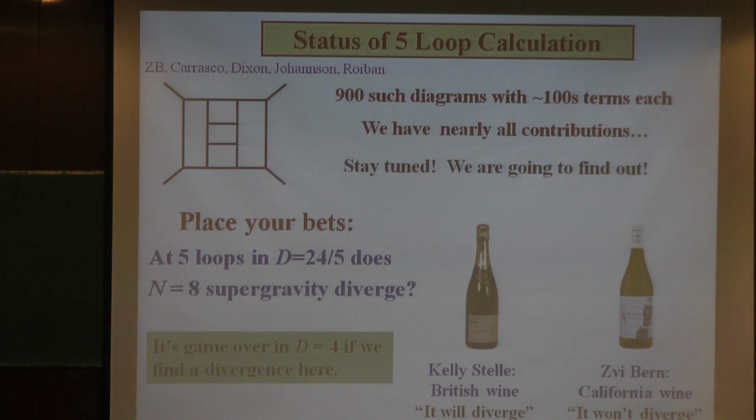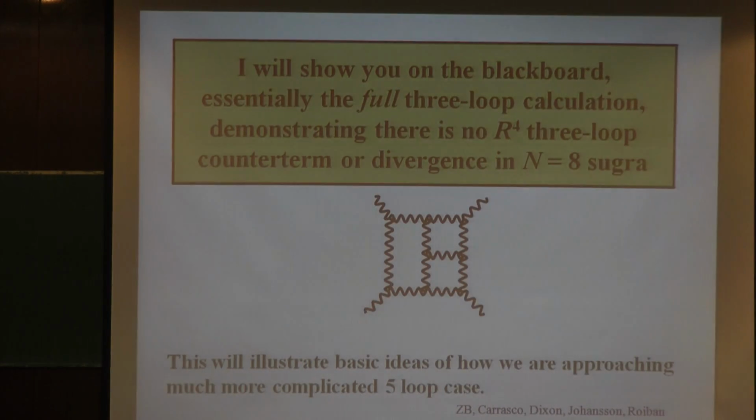It's not going to work anymore. So this really is the decisive calculation. If, in fact, it's finite, I think Kelly will probably buy a French bottle of wine, but also he's going to do a backflip because he's going to be so excited that something wonderful is happening. But still, the 7 loops.